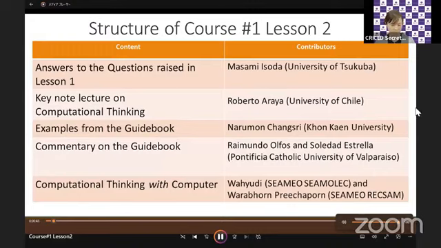After that, we will go through the examples from the guidebook, chapter 1, by Dr. Narumon Changsri from Khon Kaen University. Then the commentary on the guidebook by Dr. Raimundo Olfos and Soledad Estrella from Pontificia Catholic University of Valparaiso. Finally, the theme will move on to computational thinking with computer, presented by Dr. Wayudi Simio Simolek and Dr. Warapon Peterpon.